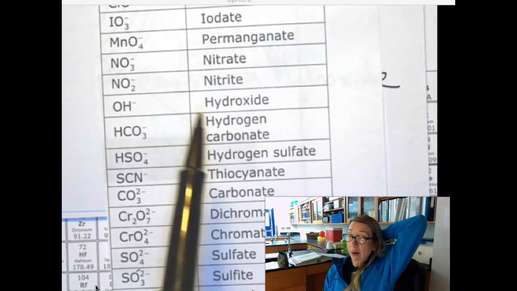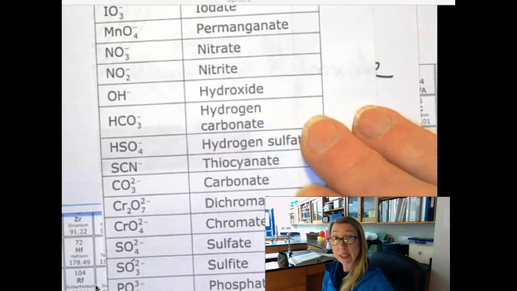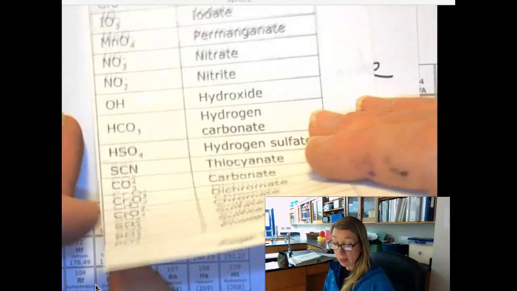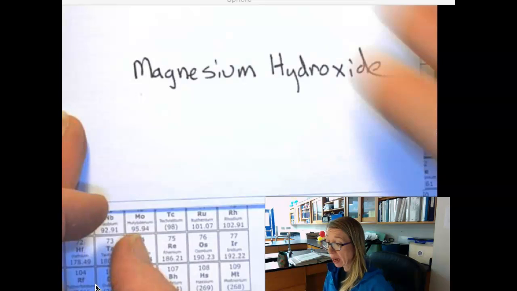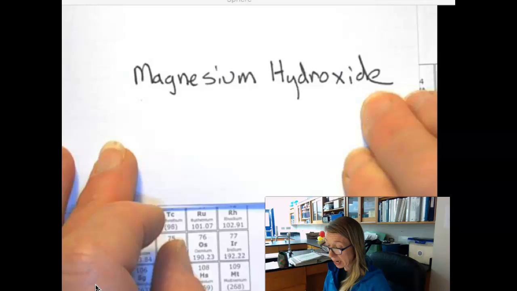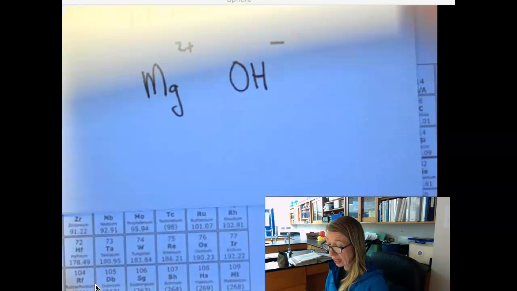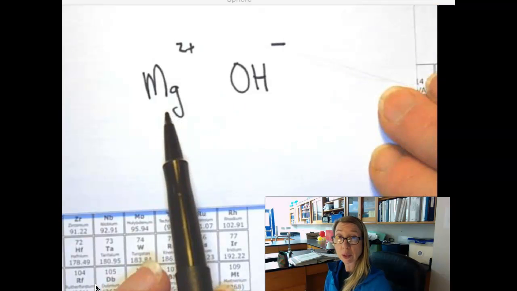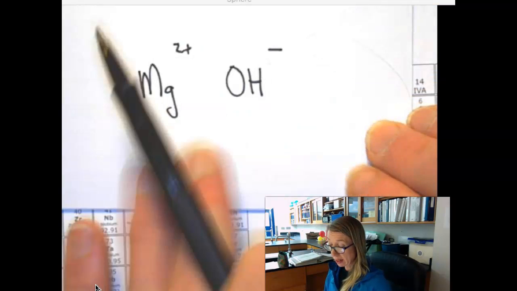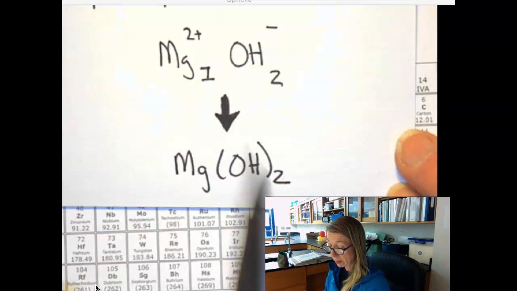And right here we have hydroxide, OH-. We'll see those a lot because many bases have hydroxide as their anion. So for magnesium hydroxide, we will write down the symbols and the oxidation numbers. Then we'll do the swap and drop.